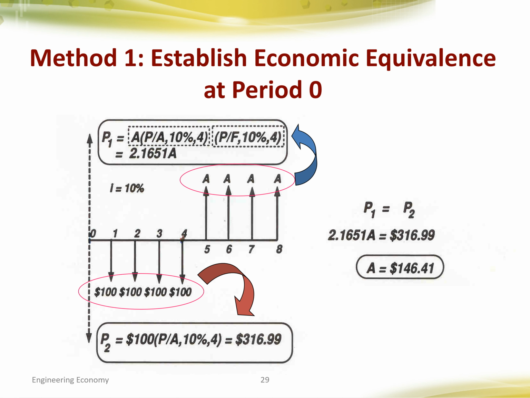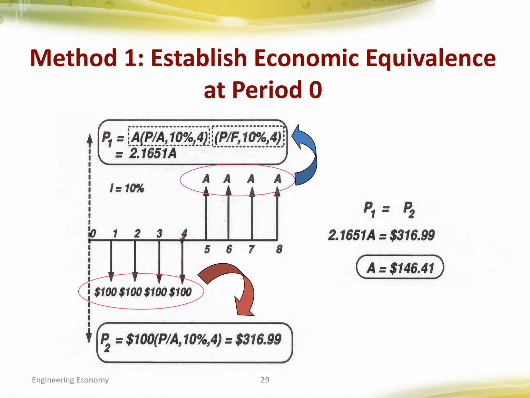However, we do not have to convert them to the present time for the derivation. In fact, we can convert them to any time. For example, if we choose the end of the fourth year, then we can convert this $100 equal payment to the end of the fourth year.